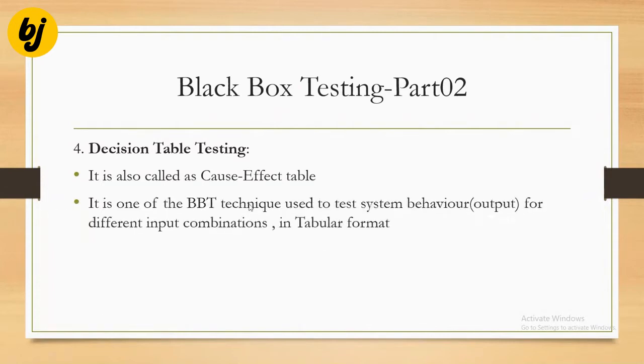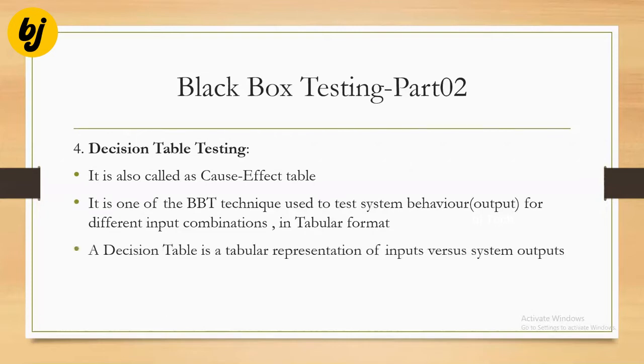It is one of the black box testing techniques used to test system behavior, the output for different input combinations, in tabular format. A decision table is a table representation of inputs versus system outputs.